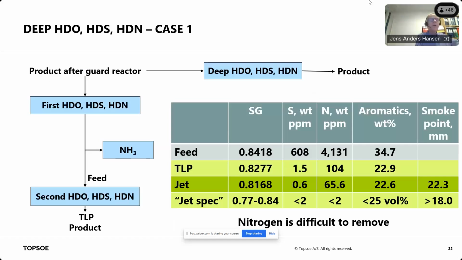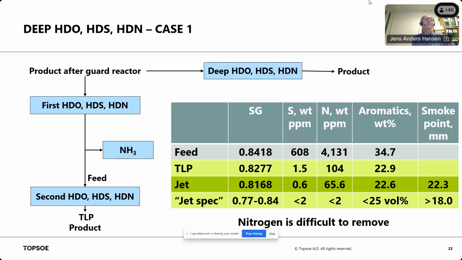And then from this product we isolated a jet boiling range product, and you could see that the nitrogen content in this was 65 weight ppm. You can see the aromatic content was 22.6 weight percent, and the smoke point was 22.3.